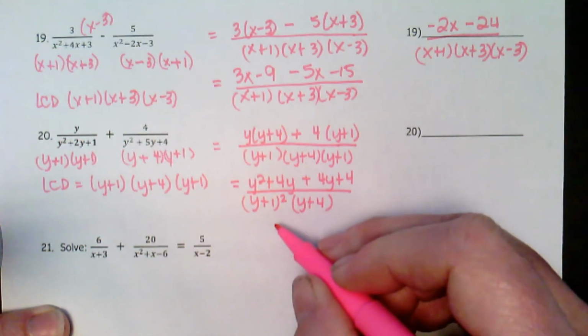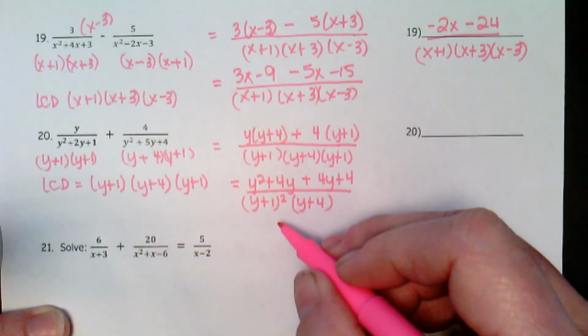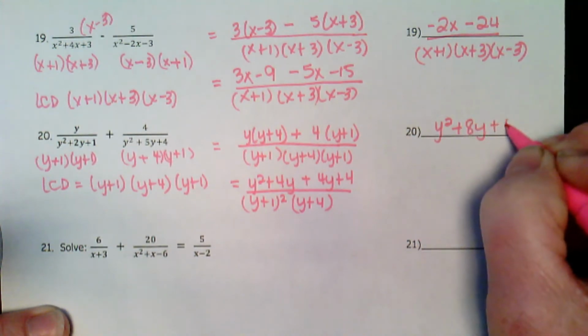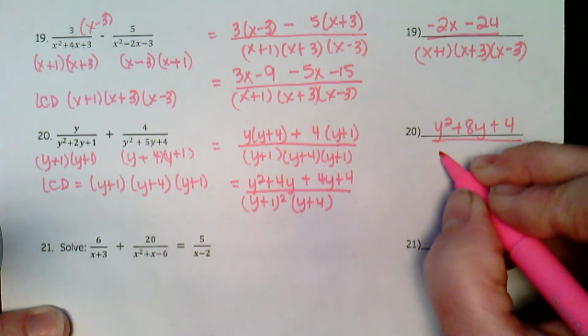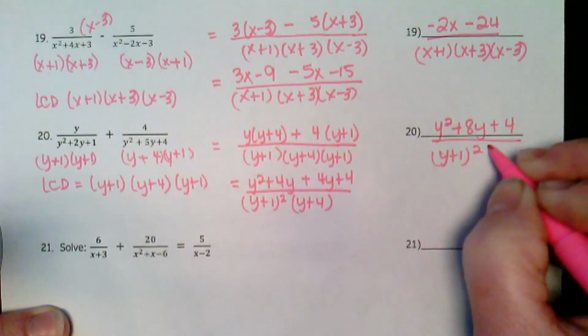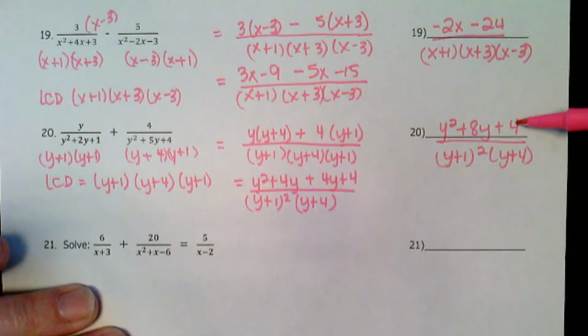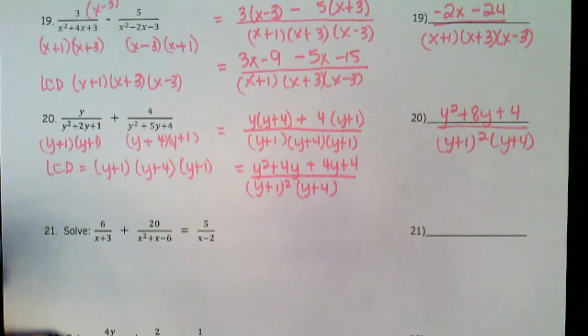And then we'll combine like terms. We have y squared plus 8y plus 4, over y plus 1 squared, y plus 4. So this one can't be factored any further. It's in its prime state, so there's no use in trying to go further.